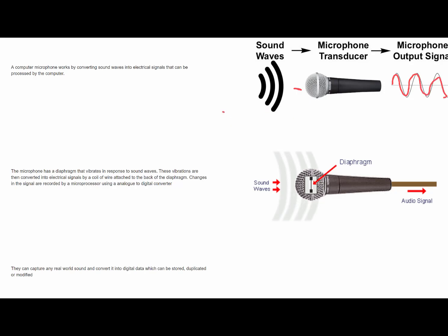But in computer terms, you've got your sound wave. It goes into my mic, that's my mic, and it actually gets turned into digital so that the computer can process it.